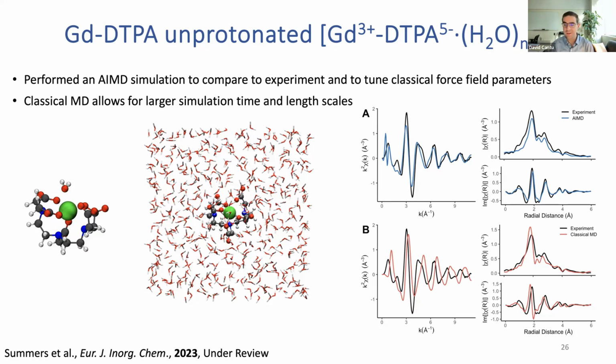But we get better agreement with ab initio MD because we're mostly interested in the first coordination sphere, and the pseudopotentials and basis sets are better at predicting the lanthanide oxygen and nitrogen distances than the classical MD. But still, the classical MD gives an acceptable agreement to determine what is the molecular arrangement or the molecular conformation around the lanthanide.